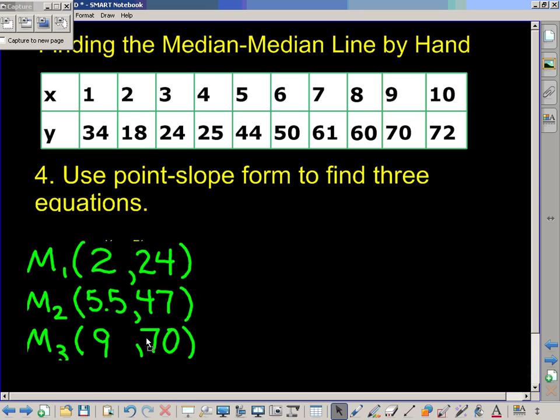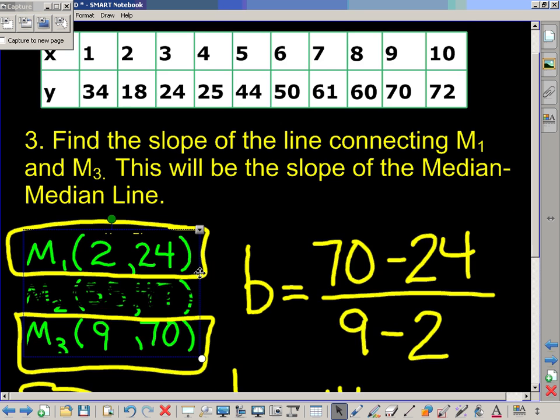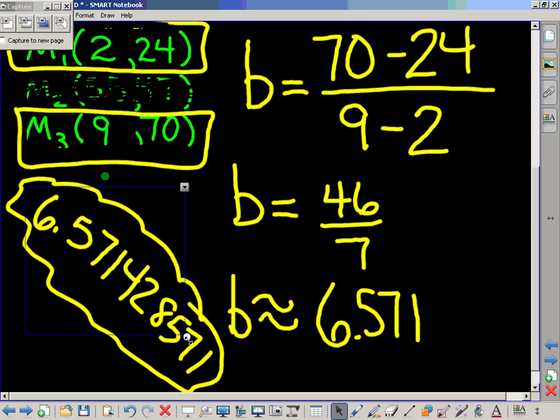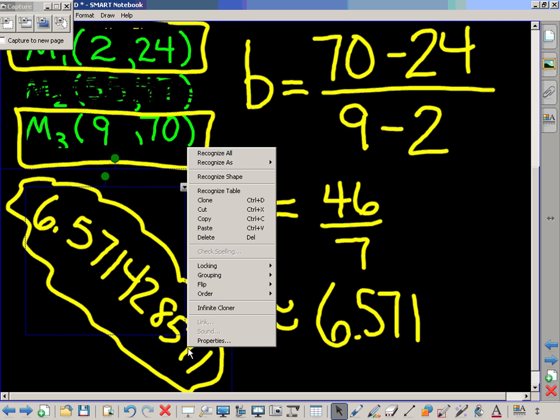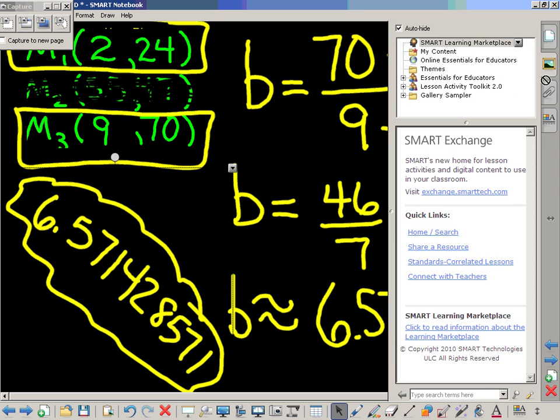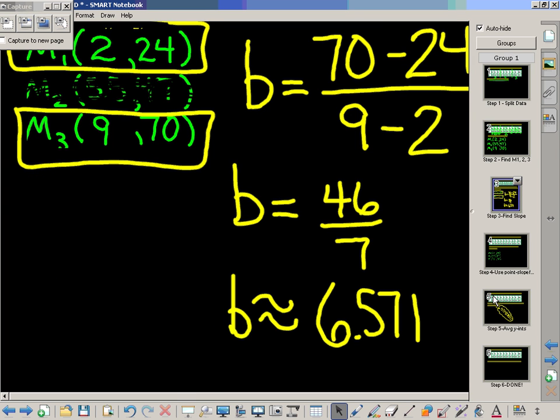Okay, so our points are back, M1, M2, and M3. We're also going to want to go back and import the slope, 6.57. Let's get this grouped together and slide it over to the next page.